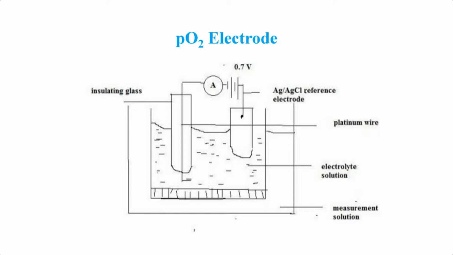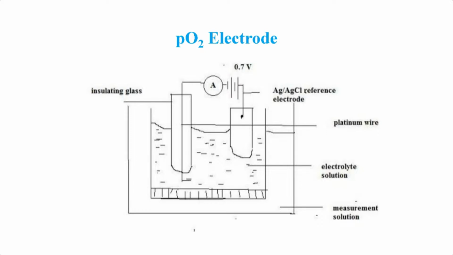This electrolyte solution is covered by an electrode chamber, which has a semi-permeable membrane where the oxygen gas could easily diffuse through the membrane. Since the platinum electrode, which is the active electrode, is connected to the negative terminal of the battery of 0.7 volts, oxygen reduction takes place at the first insulating glass.